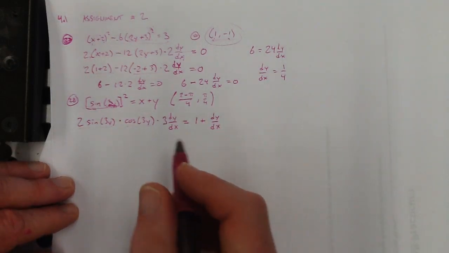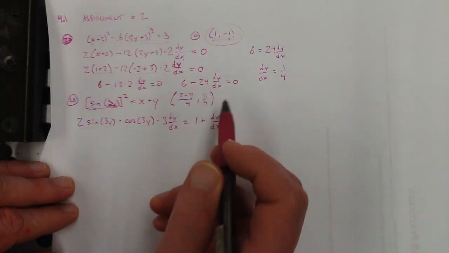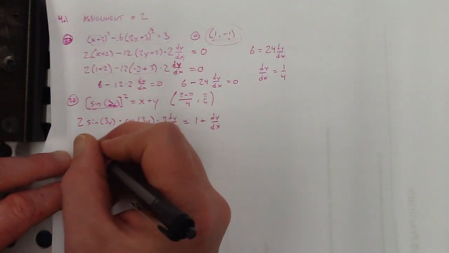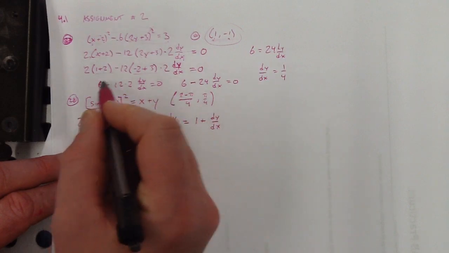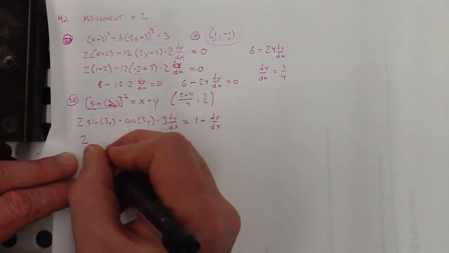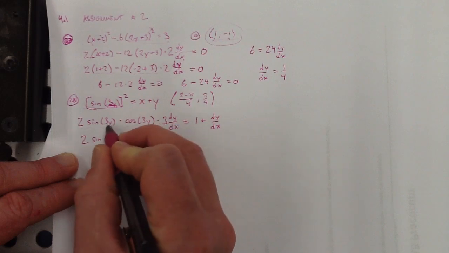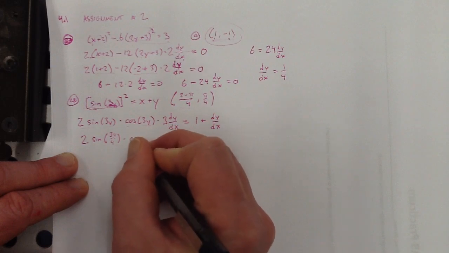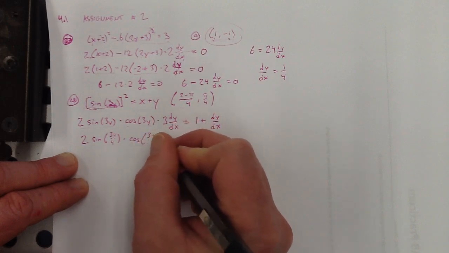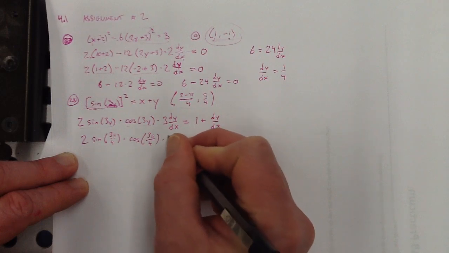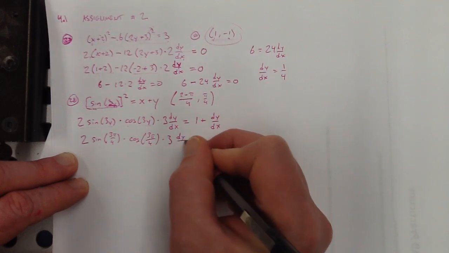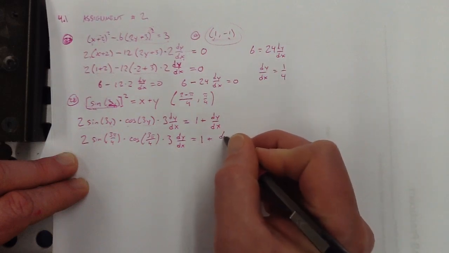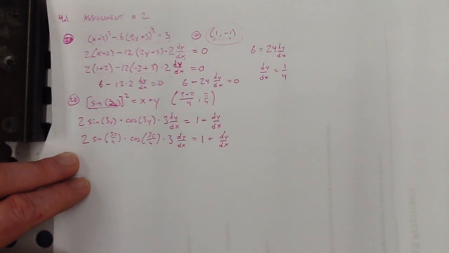So let's go ahead and try just plugging these things in and see what happens. So 2, in other words, do it like what I did here, times the sine of 3y, that's 3 pi over 4, times the cosine of 3y, times 3, times dy/dx, that's the thing we're trying to find, is equal to 1 plus dy/dx.